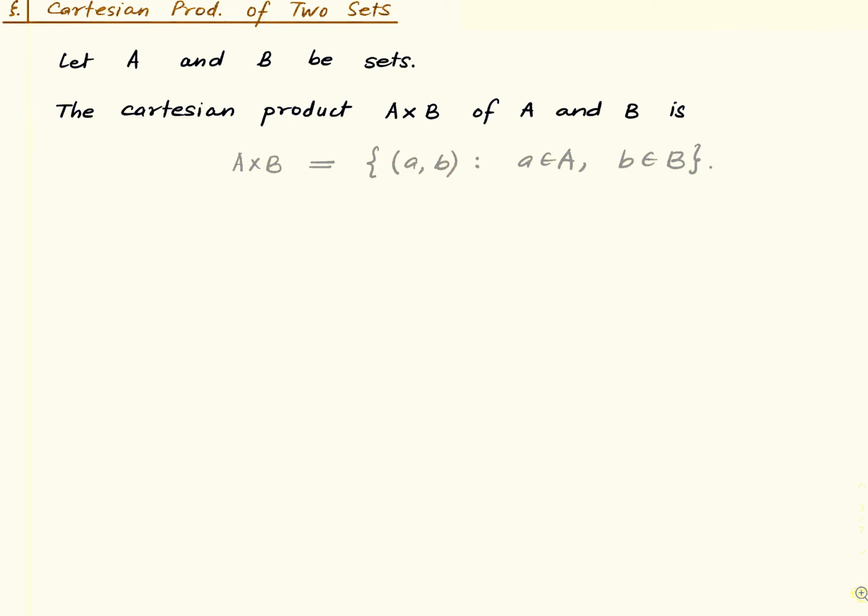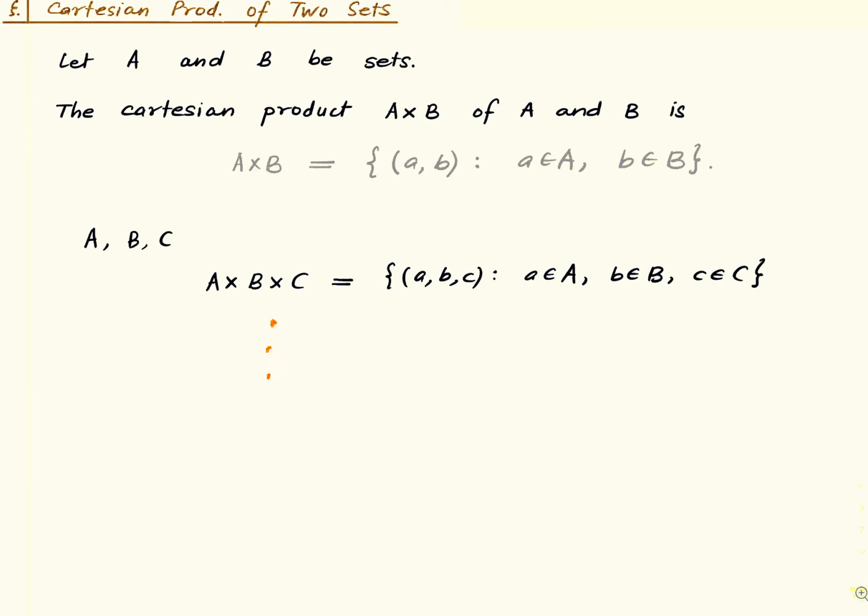Similarly, we can form the Cartesian product of three sets. If we were given three sets A, B, and C, then their Cartesian product would be all ordered triples (a, b, c), where a comes from capital A, b from capital B, and c from capital C. That is the Cartesian product of three sets, and you can go on.